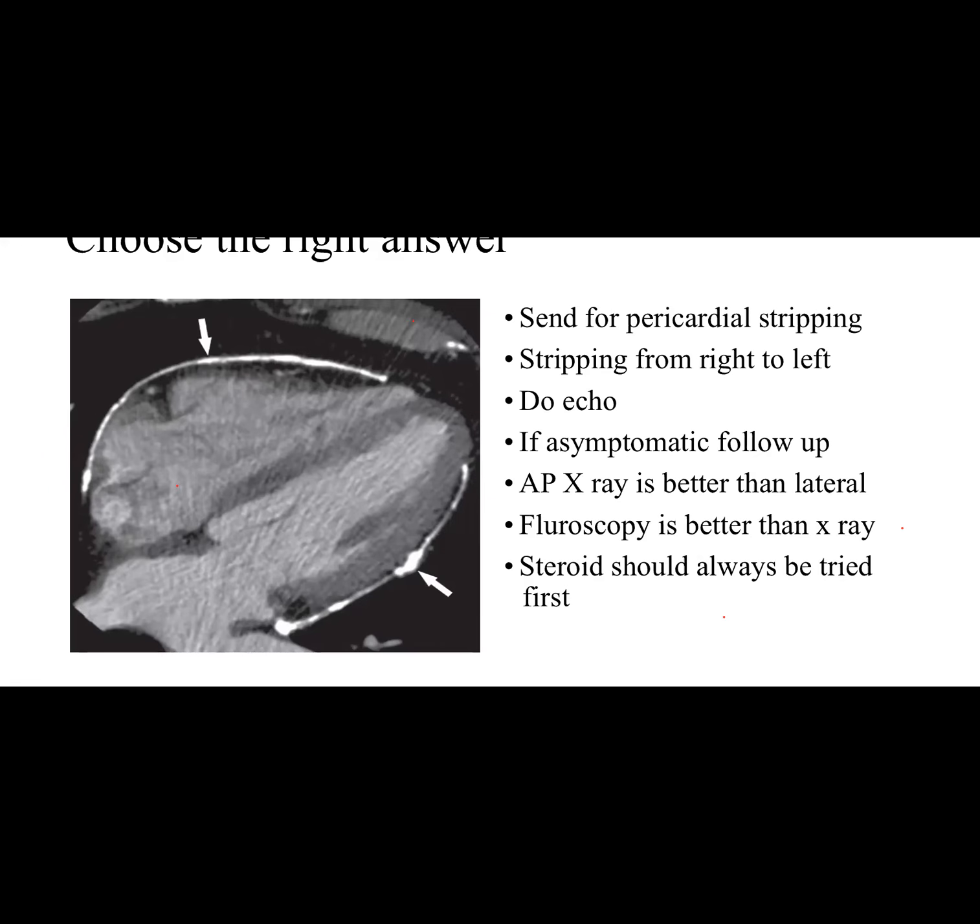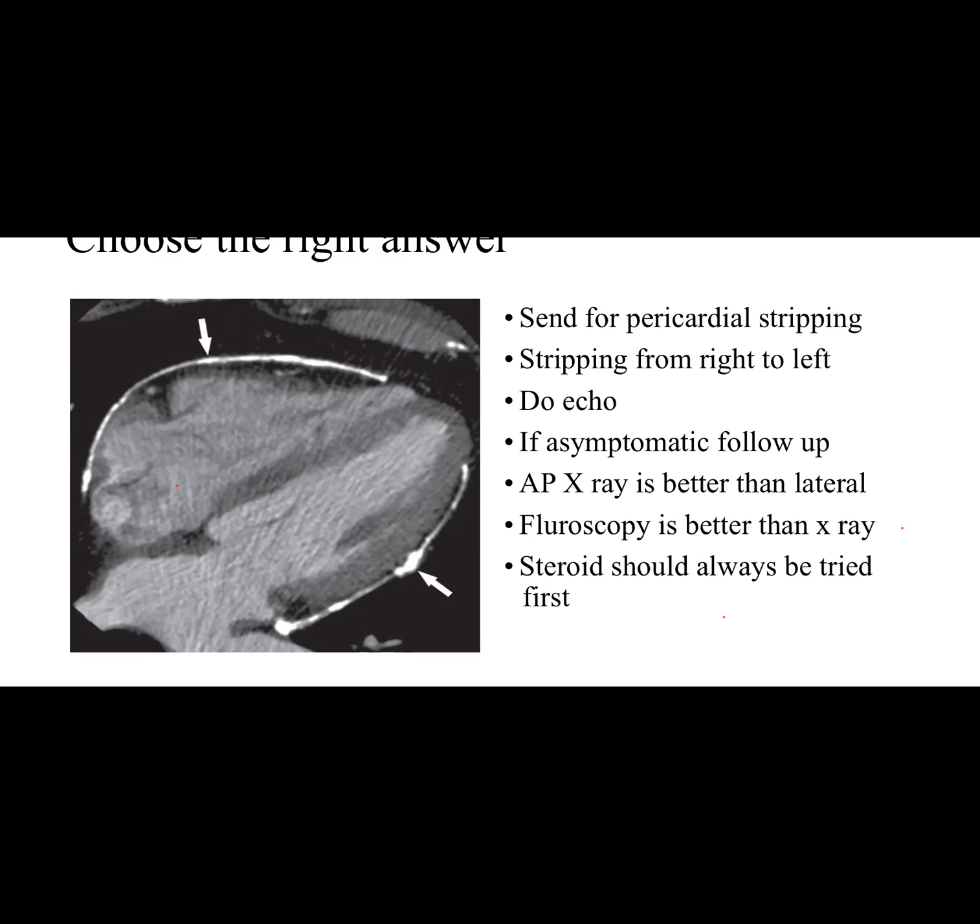Now, AP X-ray is better than lateral. You think that's right? No. I think lateral is better. Lateral is better in the depiction of calcium. Fluoro is better than X-ray. Think it's right or wrong? Fluoro is better.